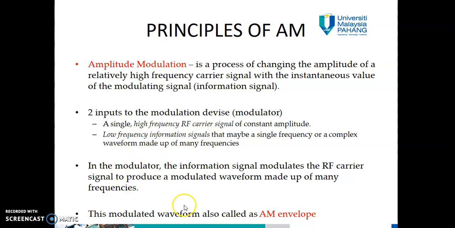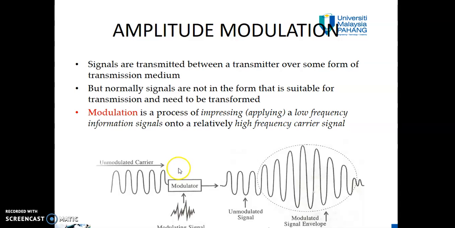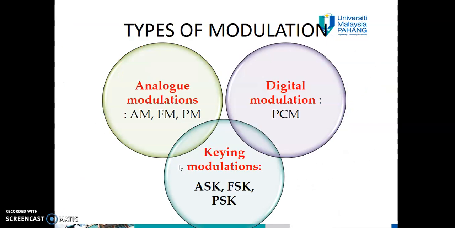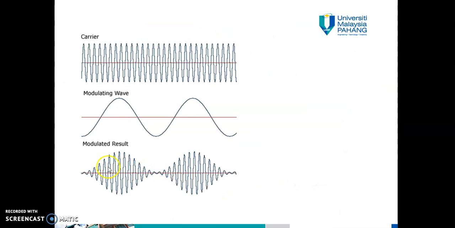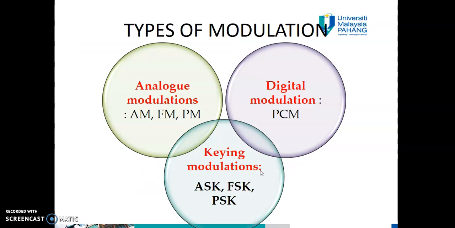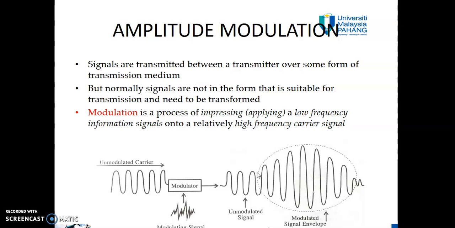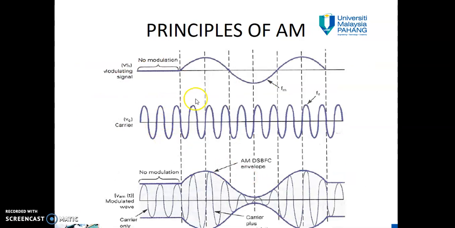After you combine in the modulator, we generate the signal for transmission using the AM technique. So it produces the AM envelope. What is the AM envelope? An envelope like this. So this is the AM envelope.